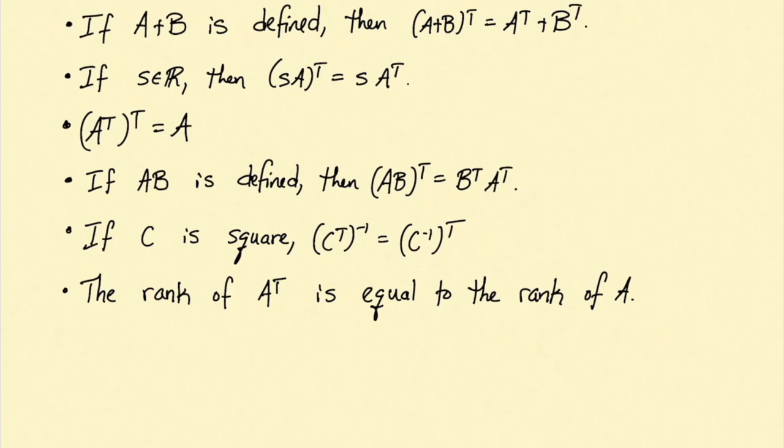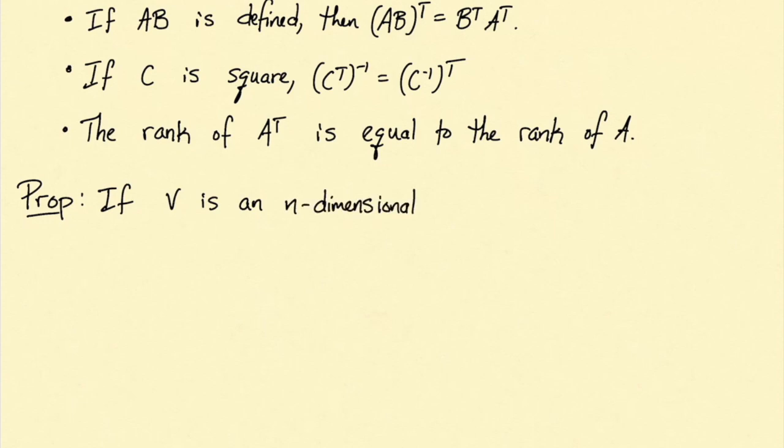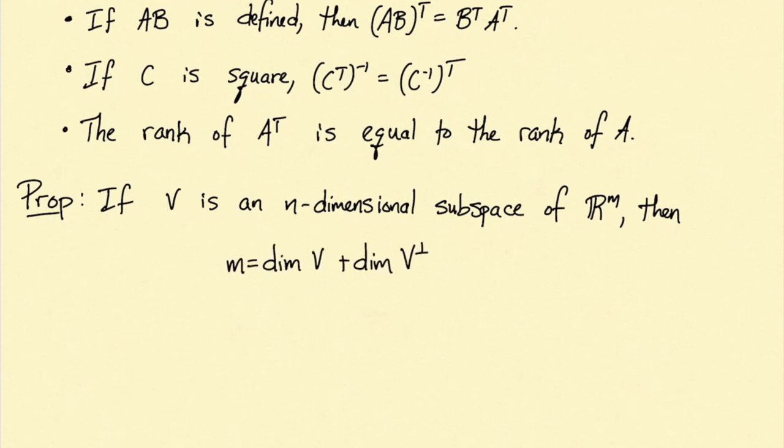So an important consequence of the last property of the transpose is that if V is an n-dimensional subspace of R^m, then m is equal to the dimension of V plus the dimension of its orthogonal complement.